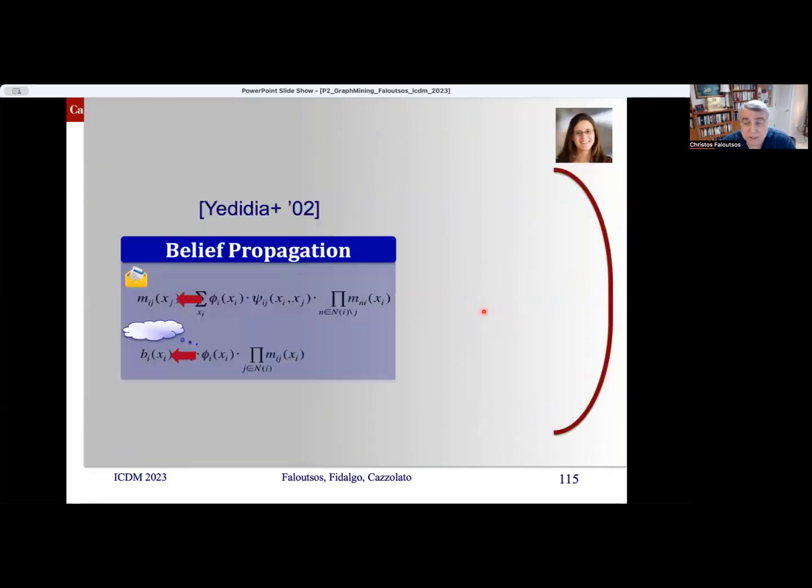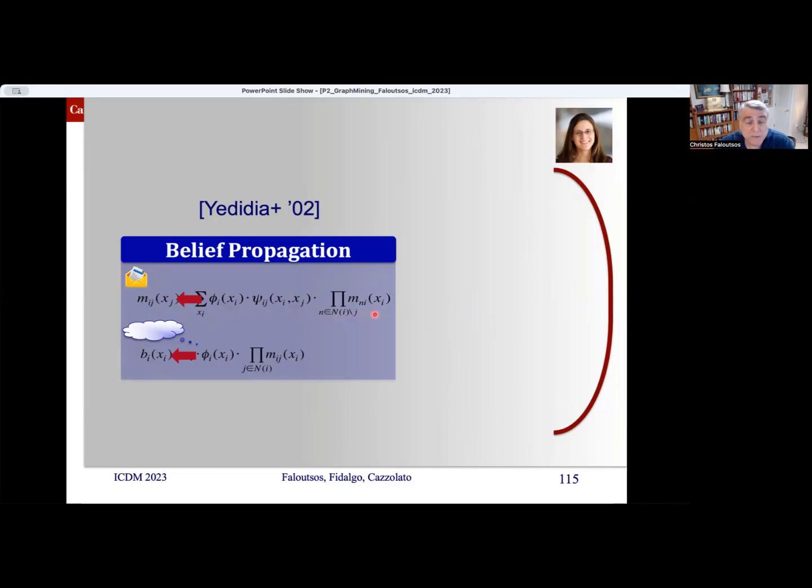That's the first round. The second round continues, and when it reaches a steady state, then we have the node colors. Here are the assignment statements. Every message is the product of the state of the neighbors.